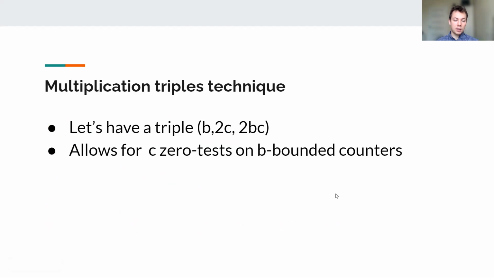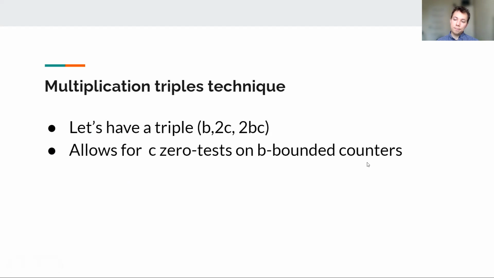Okay, the second technique which was introduced in the Tower hardness result is the multiplication triples technique, and it also allows us to test some counters to be 0. So first, imagine that we have a triple B, C, BC. This will allow us C0 tests on B bounded counters.